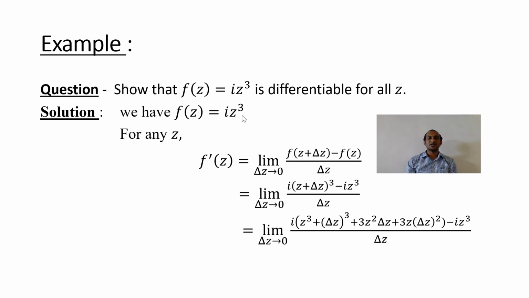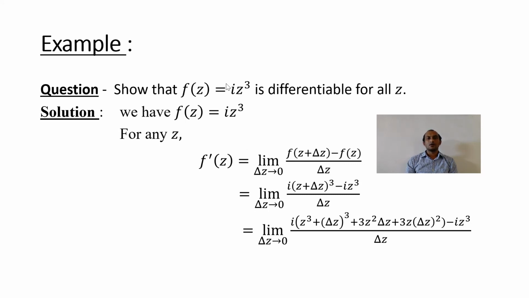We have f of z is iz cube. For any z, by the definition, f dash z equals limit delta z tends to 0 of f of z plus delta z minus f of z upon delta z.